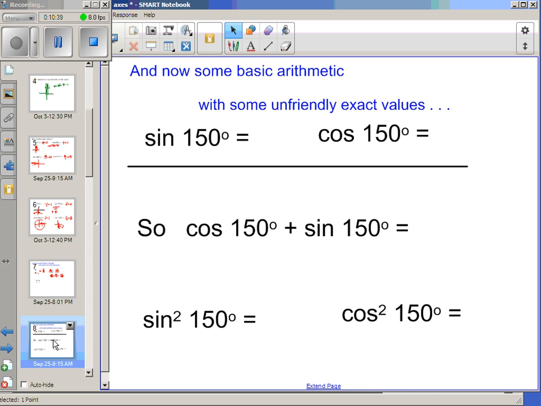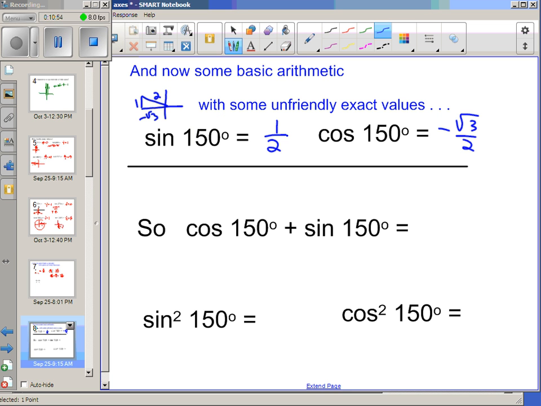So for example, sine of 150, we are over here, right? If you know your triangle, 2, 1, root 3, that's negative. Sine is 1/2, and cosine is negative root 3 over 2.